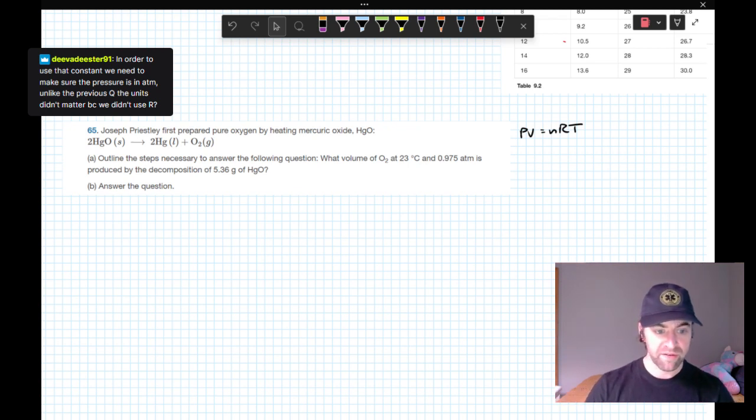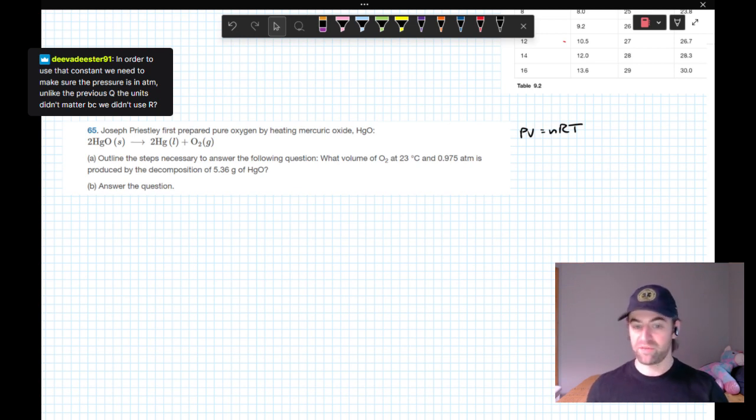We're given some variables. So first we need to determine the number of moles of mercuric oxide that decomposes. Using the chemical equation, we can then determine the moles of O2 produced by the decomposition of this amount of mercuric oxide.